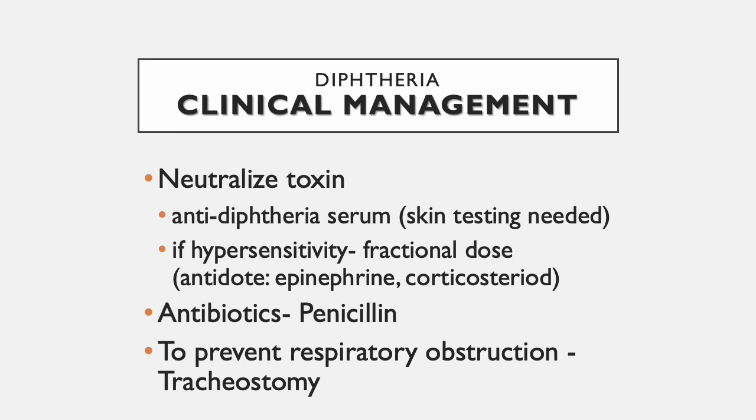So, if there is hypersensitivity, you can give epinephrine or corticosteroid as an antidote. Our antibiotic for diphtheria is penicillin. And then, you can do tracheostomy. As you can see, there is no surgical management. So, diphtheria is not operated on. The pseudomembrane is not removed. Right? You might think, remove the pseudomembrane and there will be no toxin. But it's actually not recommended.